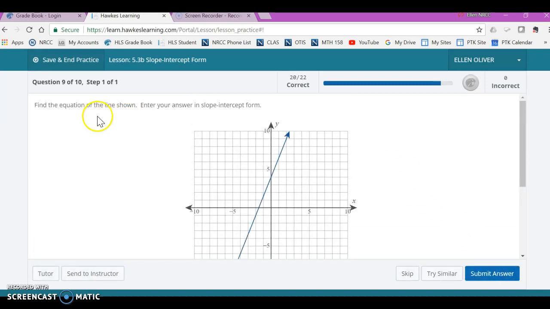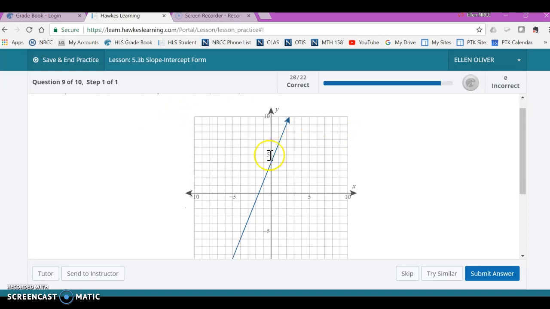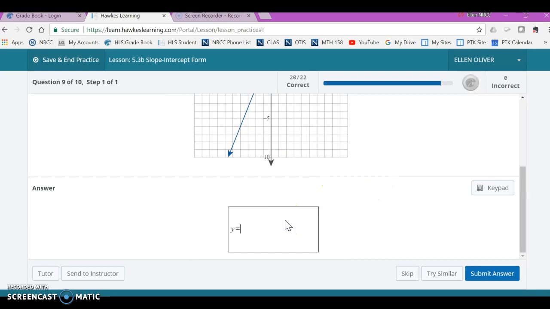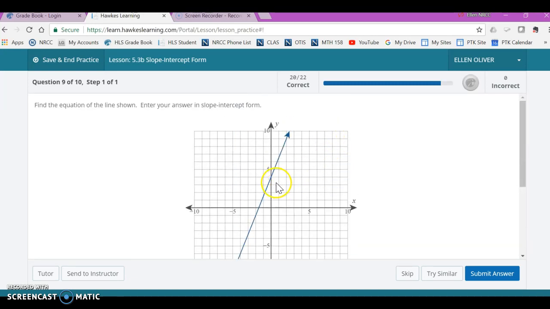All right, find the equation of this line. Enter your answer in slope-intercept form. Well, the intercept is positive 4, so I know it's going to look like this. And I'm going to pop over here in front of my x because that's all I need is my slope, right? So I'm going to find 2 points on here that, again, are going through the grid so I can feel very certain that I can read the point well.